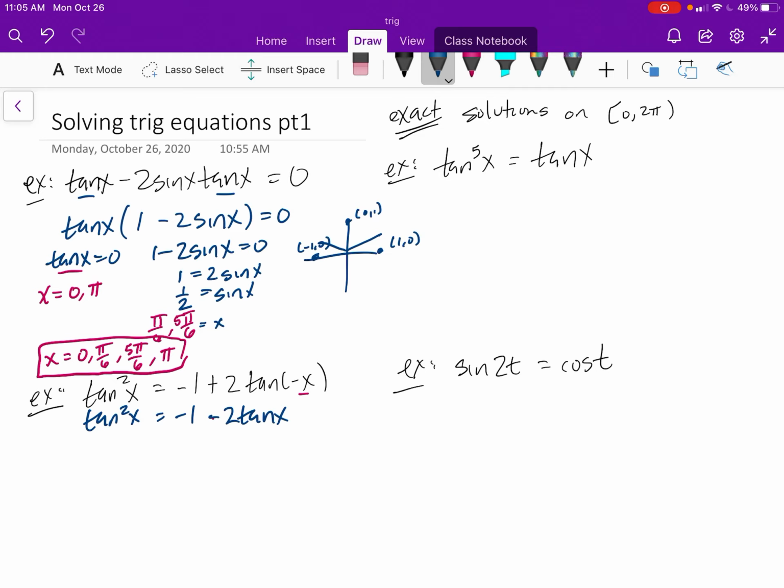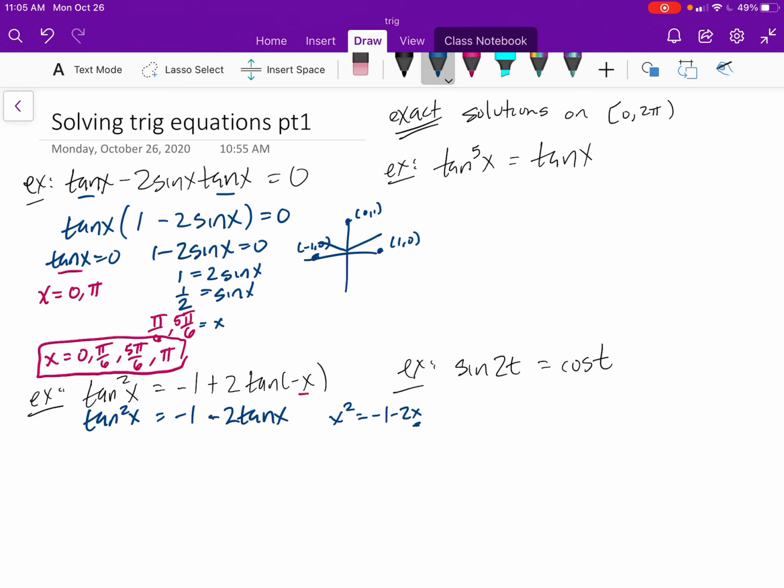Now, we're trying to solve for tangent. Think of a normal algebraic function. If I'm trying to solve for x, and I had on the left x squared equals -1 minus 2x, it's a quadratic, so I need it to equal 0. Same thing with tangent.